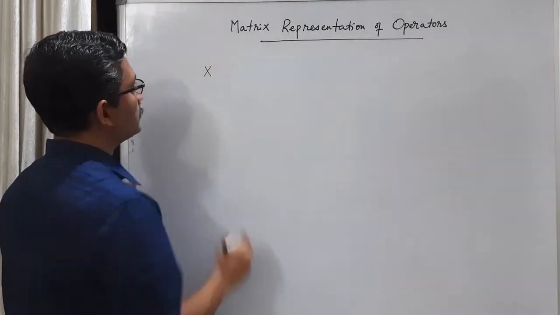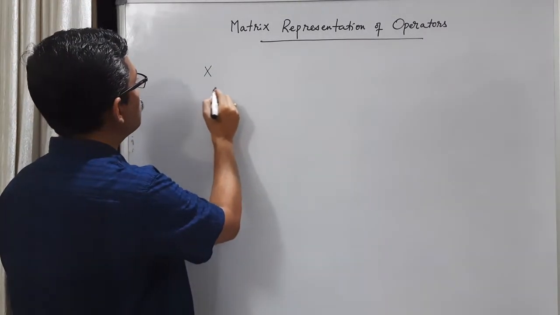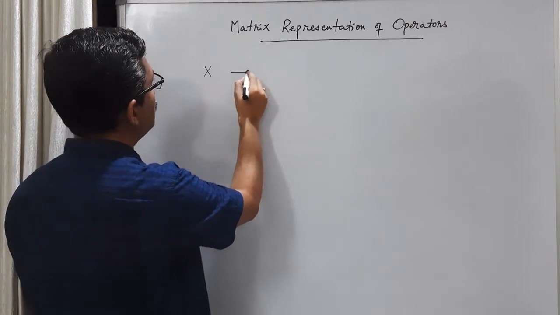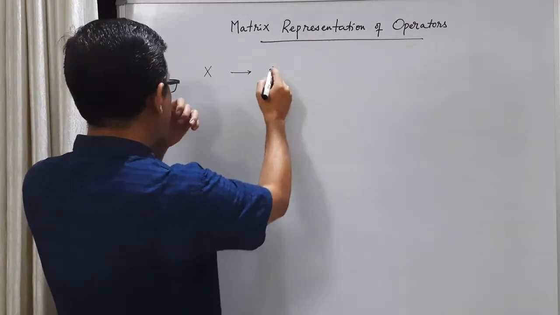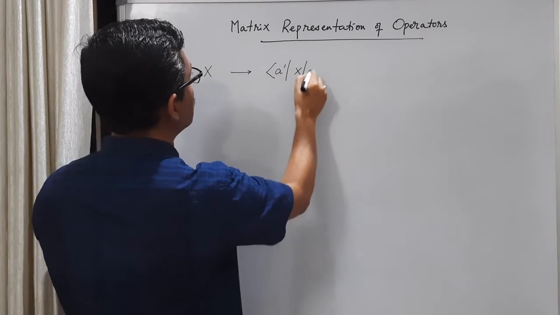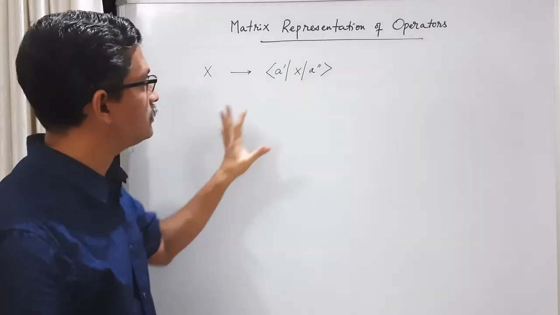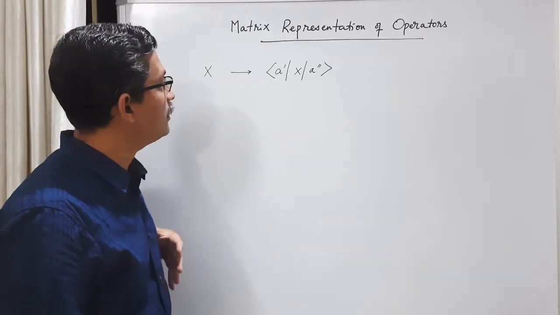If we have an operator x, what is the matrix element of this operator in a given basis? We have seen this: a prime x a double prime. This is the matrix element in a given basis.